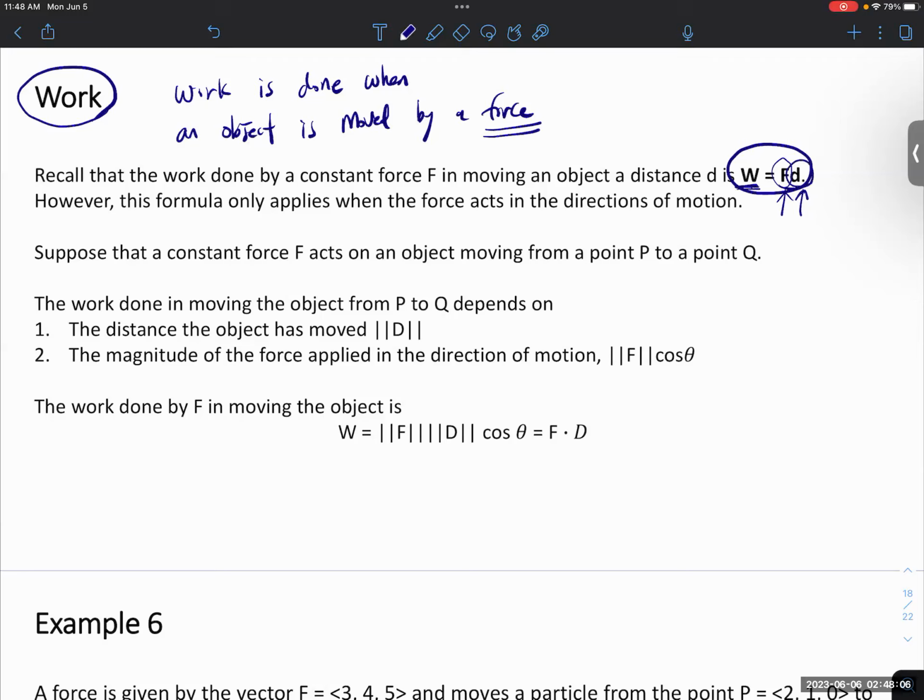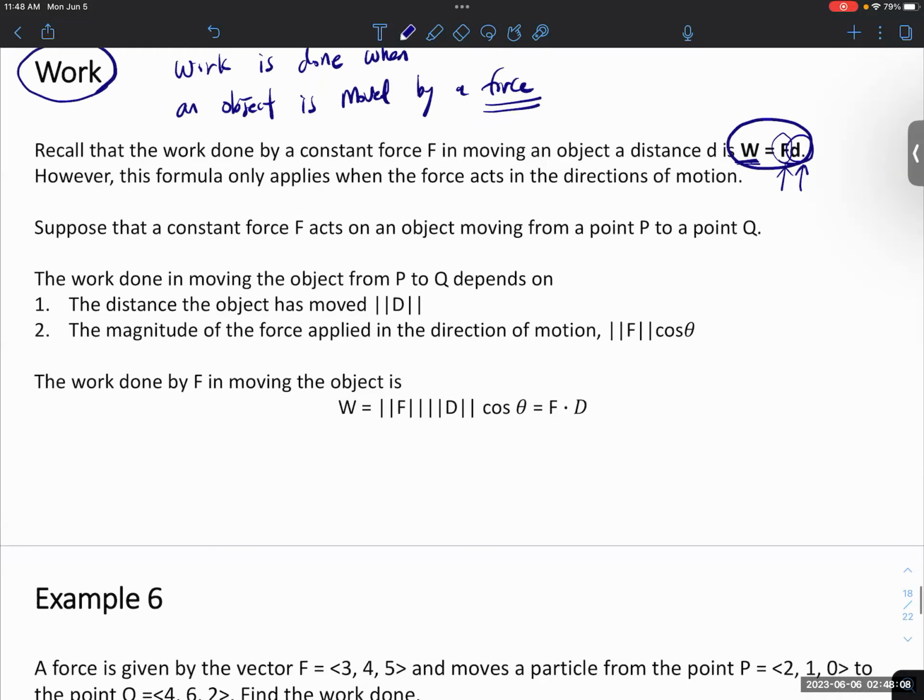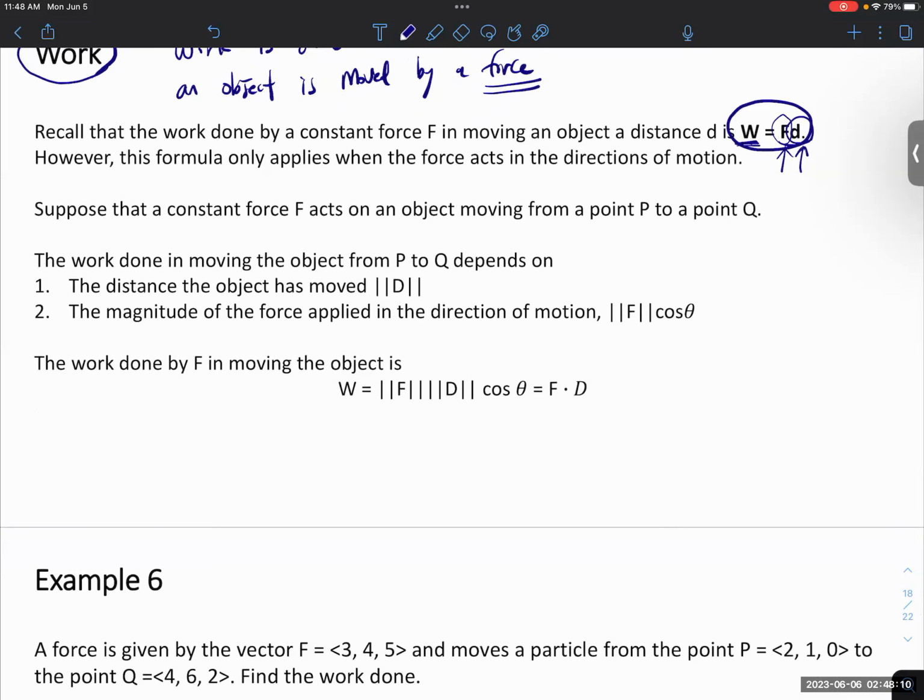In the vector system, the force has a magnitude and the distance is another vector. So you have two vectors, force and distance, and they create a cosine. To find the work, you can use force magnitude times distance times cosine theta. This is the vector system definition.